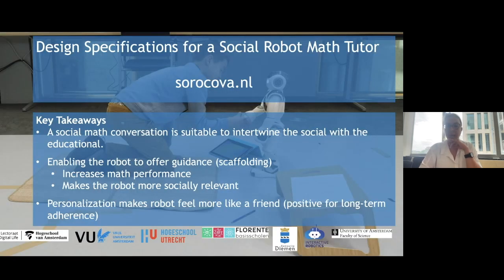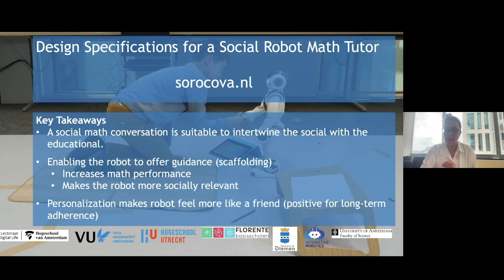Yeah, if we can conclude: in the paper that we made about this study, and also from the study itself, we can see that the validated design specifications which we collected would support using a robotic tutor for social interaction, and that it intertwines the social and the educational components.